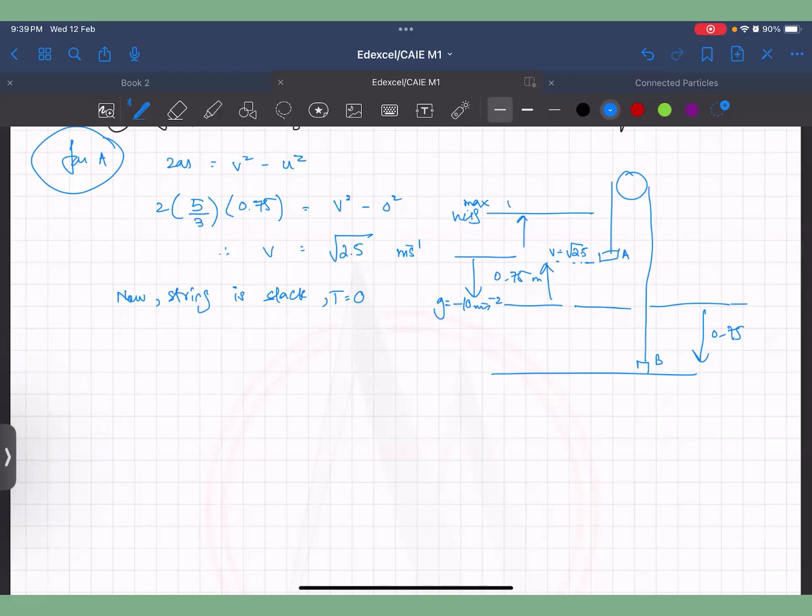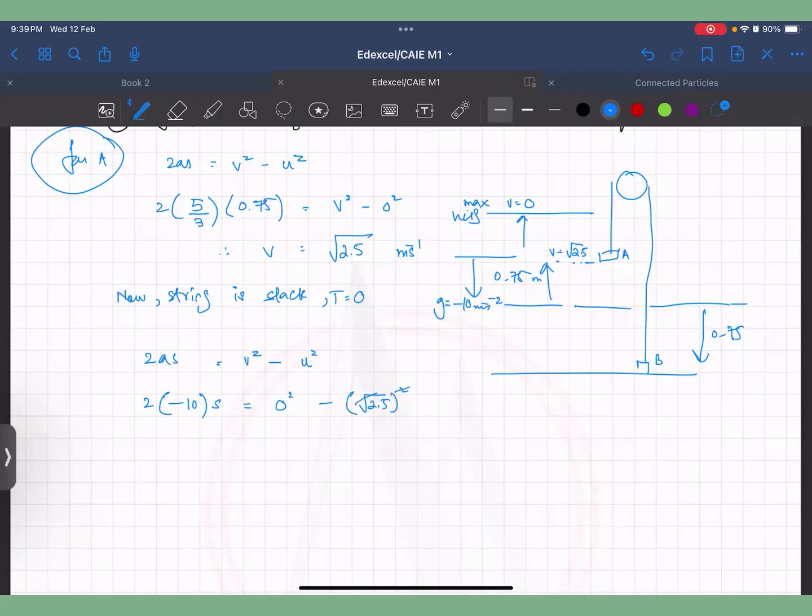At this maximum height, the velocity would become 0. So 2as equals v square minus u square again. So acceleration is now negative because the acceleration due to gravity is going to stop the vertically upwards motion. So minus 10. Displacement we want to find out. Final velocity would be 0. Initial would be under root 2.5 squared.